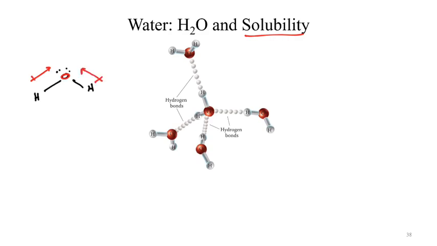This means that oxygen has a very large partial negative charge associated with it, and the hydrogens a very large positive charge. That differential in charge is what can help us explain a lot of water's properties, in addition to its shape being bent.